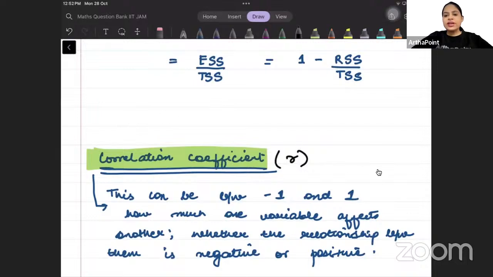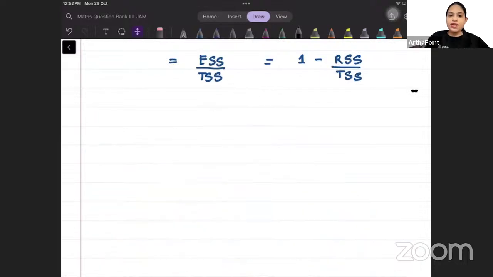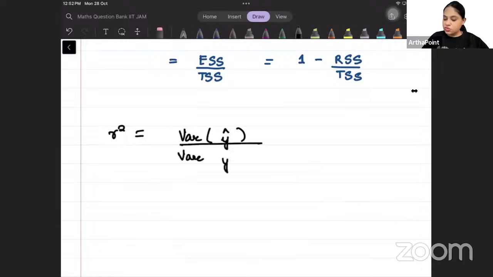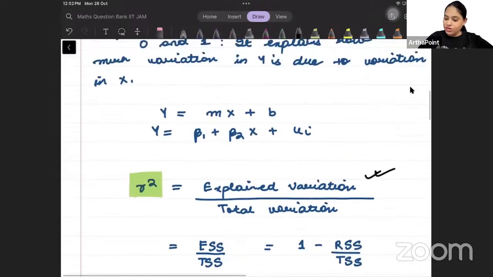And if you look into the books, you will notice that one other formula that they give you is that this R square is equal to variance of y hat upon the variance of y. This is also because y hat is what? Y hat is what is being explained.